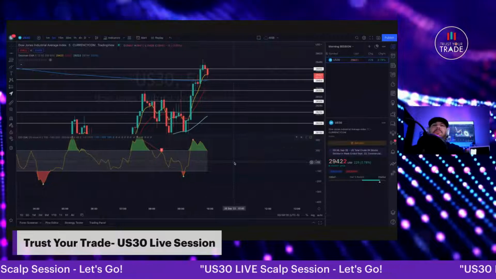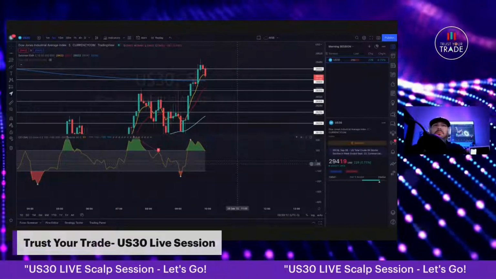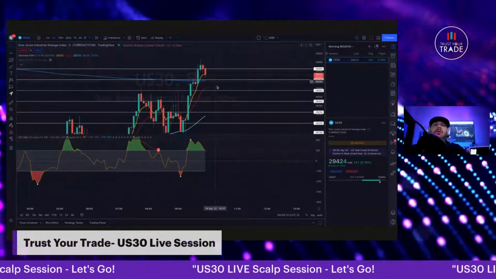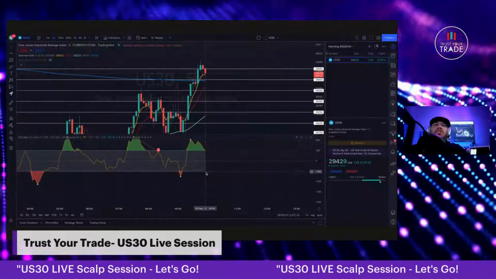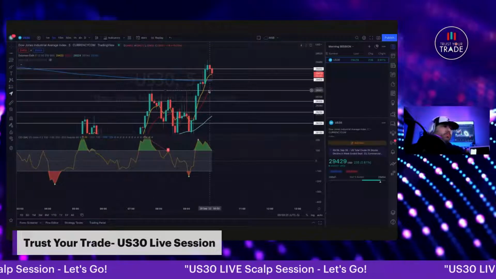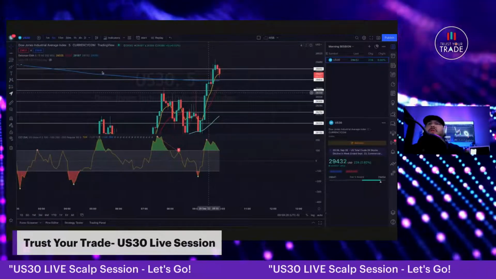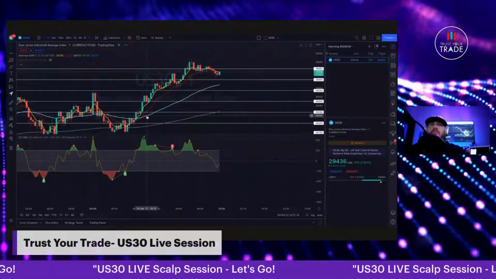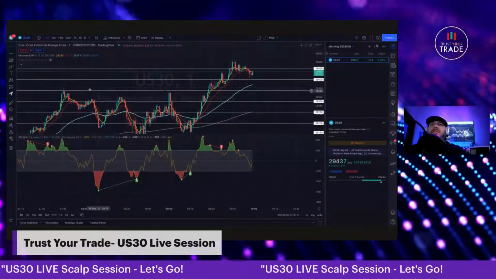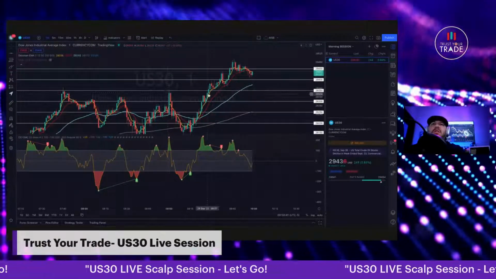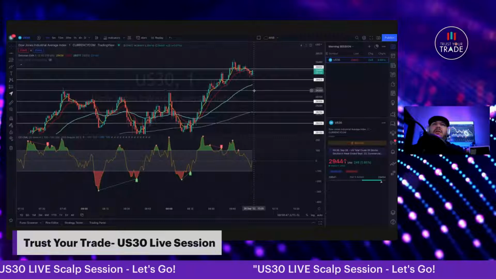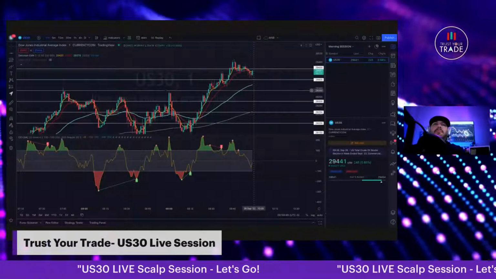We're going to see if our oversold is at this respect zone, 29,350. If you look at it on the minute, 29,350: respected, respected, respected, respected, then finally broke. So are we going to retest 29,350 and continue to shoot up?